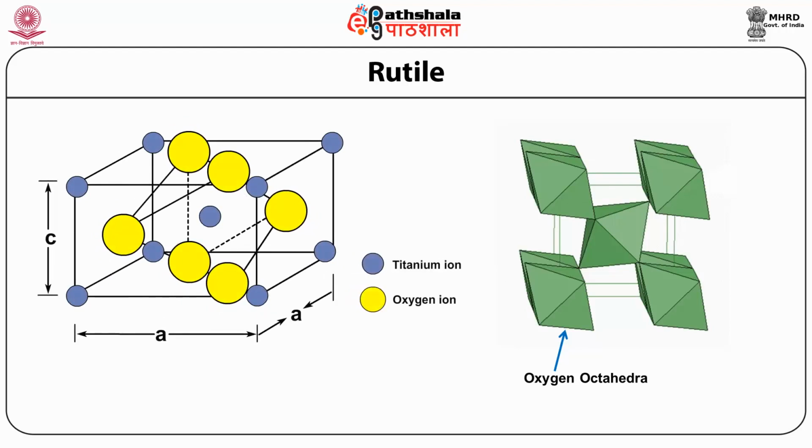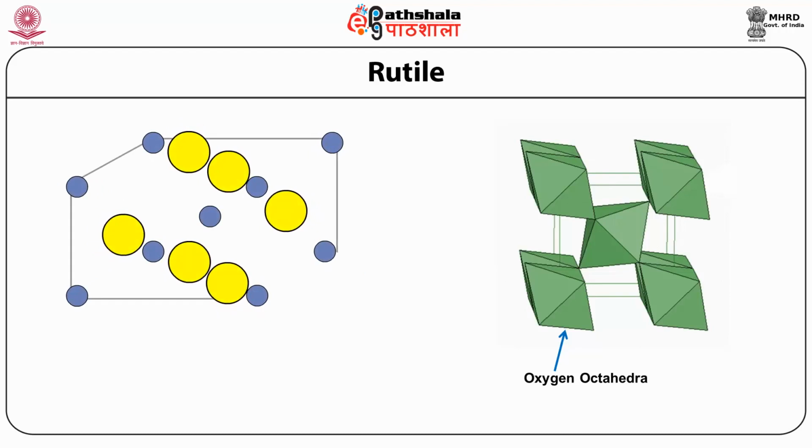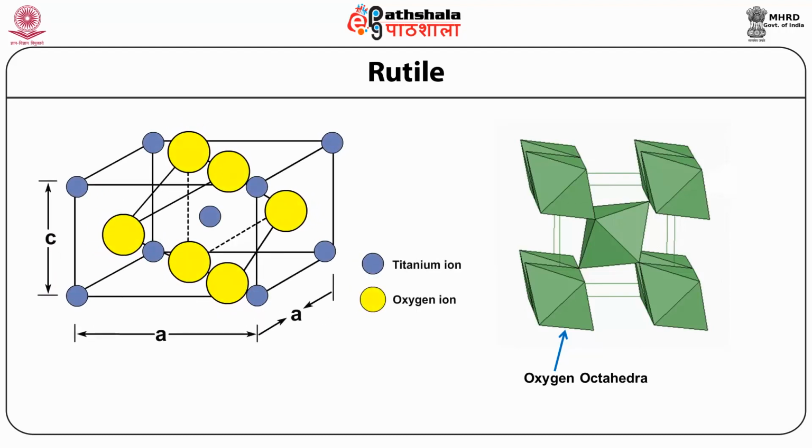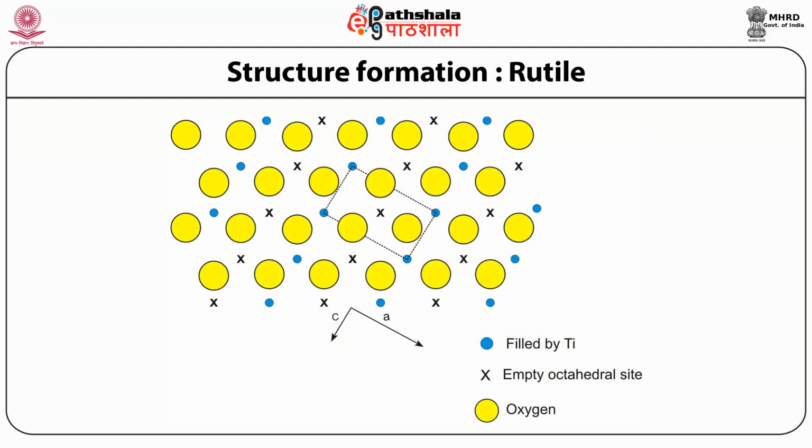The c-axis oriented growth of rutile appears clearly in nanorods, nanowires, and abnormal grain growth phenomena of this phase. Now let us see the structure formation for a rutile structure.